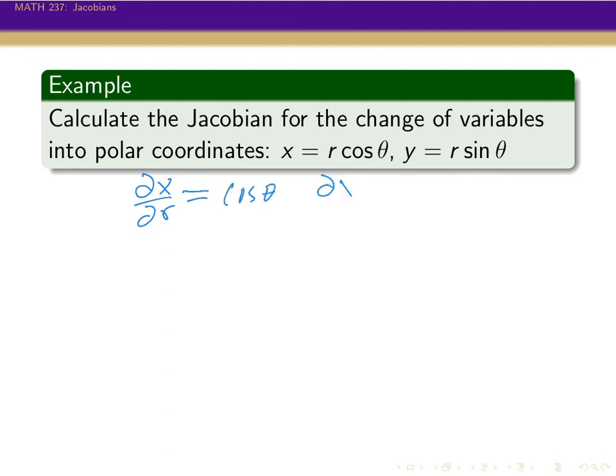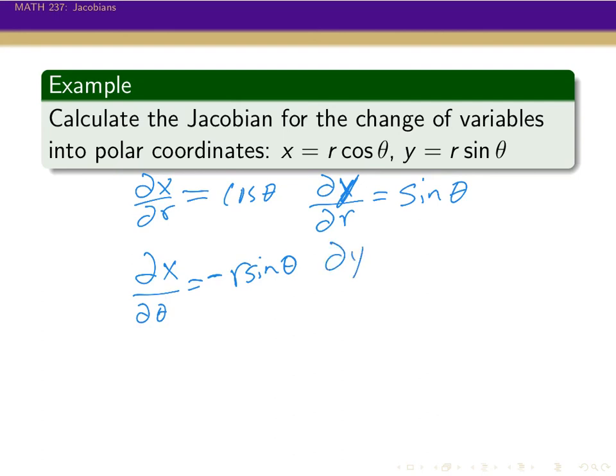The partial of y in terms of r is just sine theta. If we do the partial of x in terms of theta, r is a constant, and the derivative of cosine is minus sine theta. And when we do the partial of y in terms of theta, we get r, and the derivative of sine is cosine.